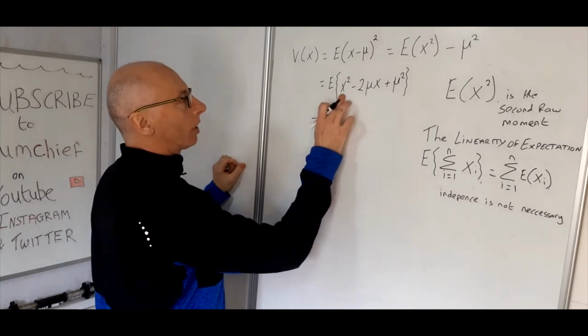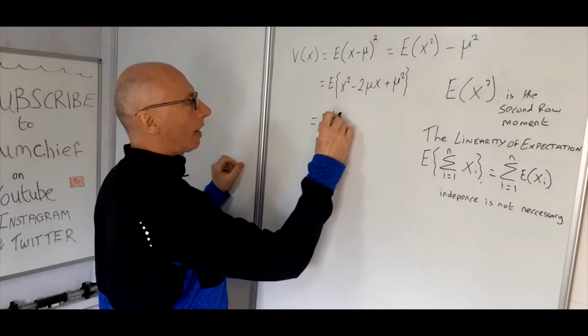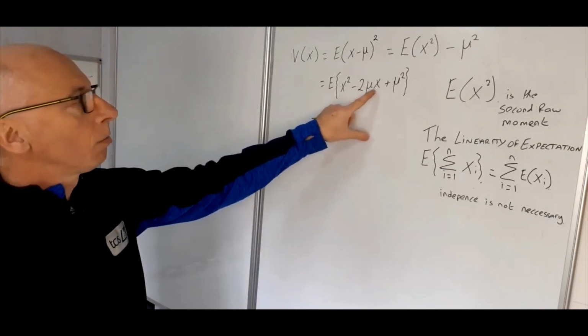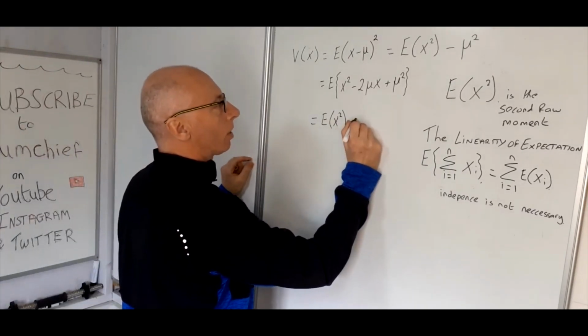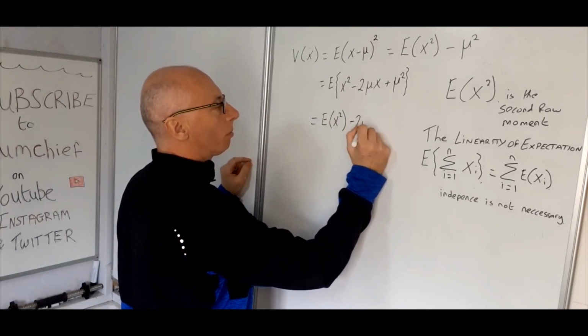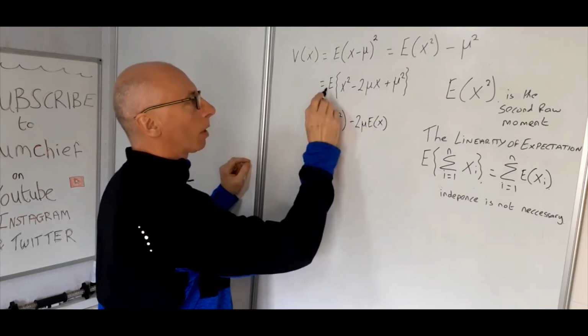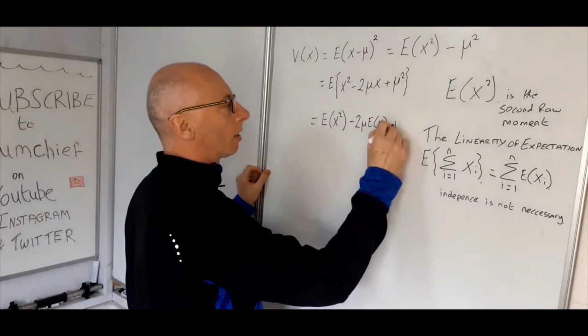So now we've got E of x squared, so we can bring that in there. Now here, 2 mu x, so now we've got minus 2 mu E of x, so we can bring the expectation here, and then plus mu squared.